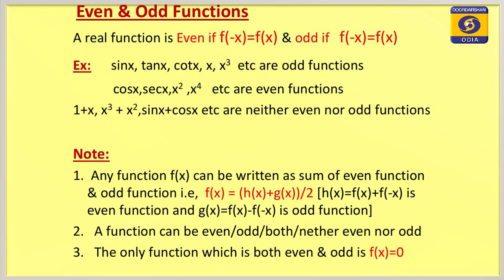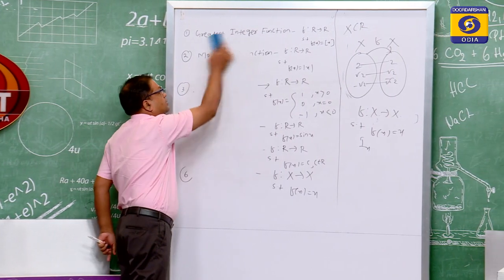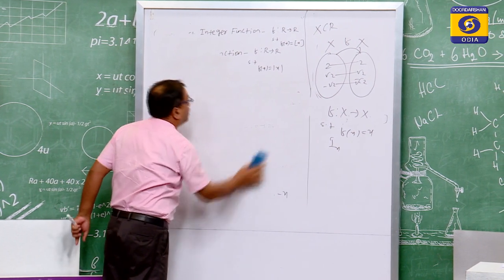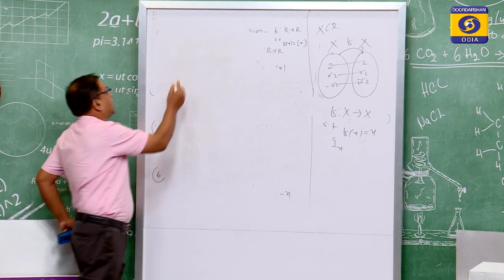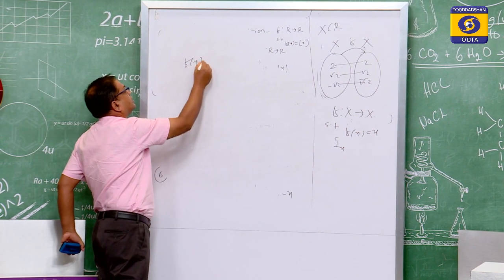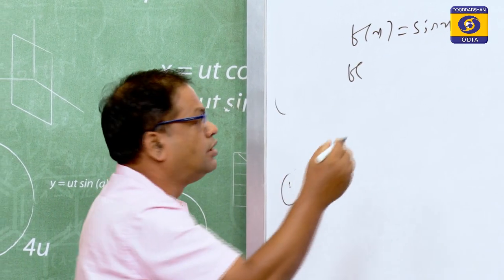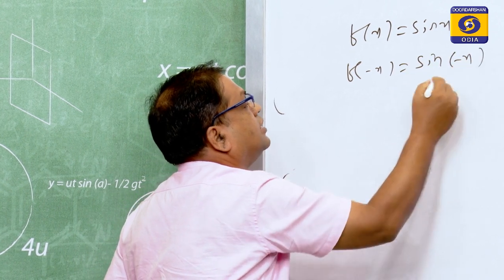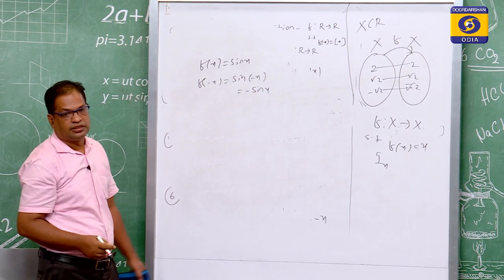How? Now we use the blackboard. What is an even function? f of minus x is equal to f of x, and an odd function is f of minus x equal to minus f of x. Suppose f of x is equal to sin x. So, f of minus x will be sin of minus x, which is minus sin x.